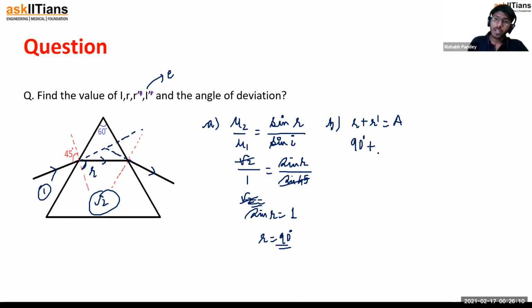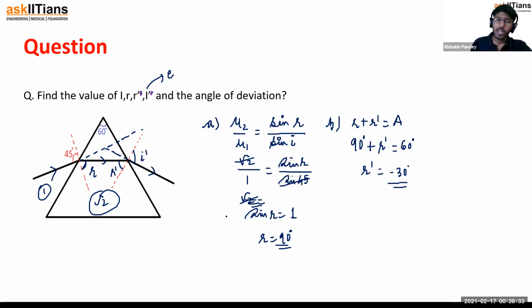R dash I need to find, and A in this case is 60 degrees. So the angle of r dash will be 60 minus 90, that is minus 30 degrees, so r dash will be 30 degrees.